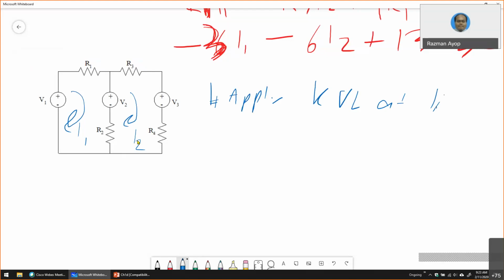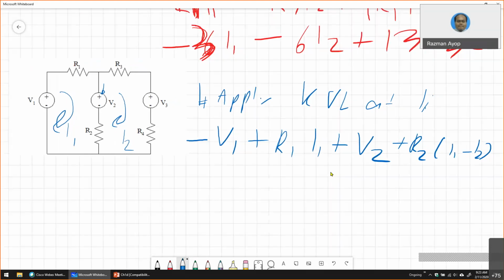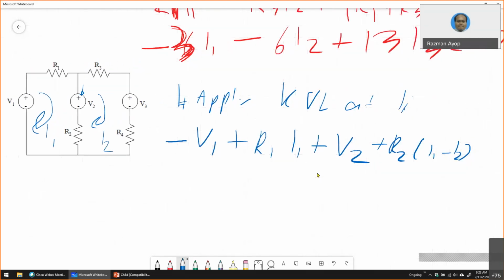Negative V1, plus R1 I1, plus V2 because it meets at positive, plus R2 (I1 minus I2) equals 0.